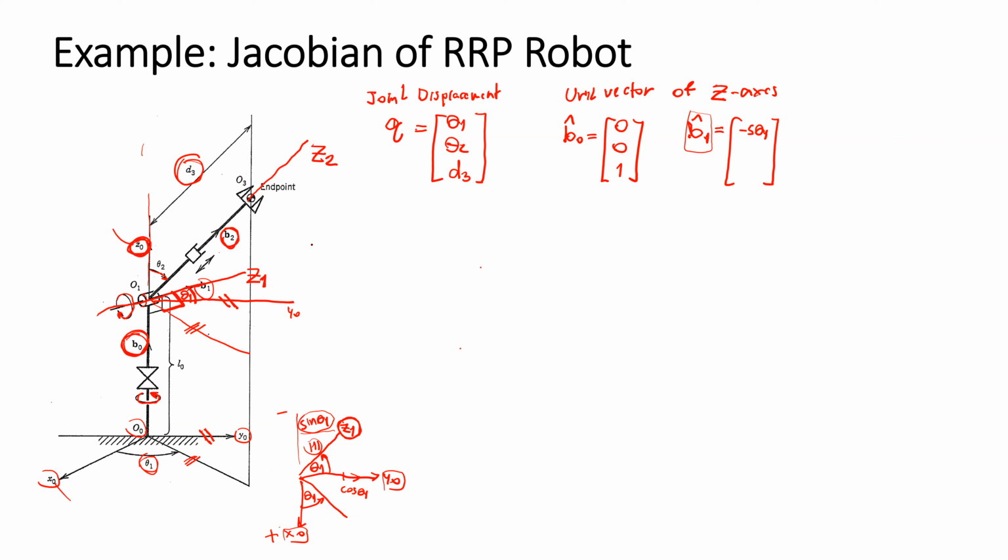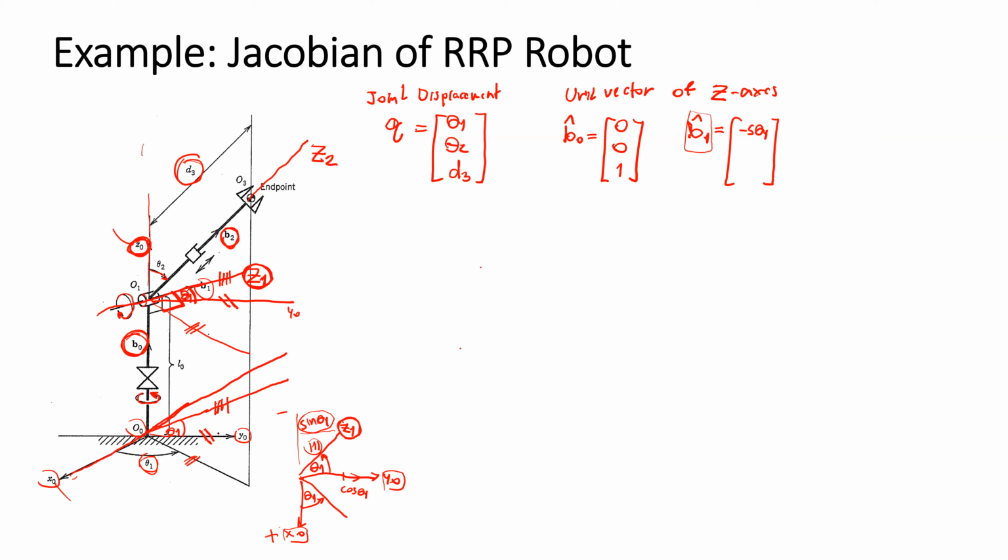If you look again at the picture, here is the direction of z1. It makes an angle theta 1 with this. So if we consider the component along the x-axis, it should be minus sine theta 1.